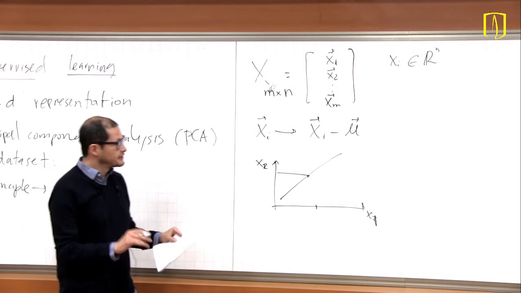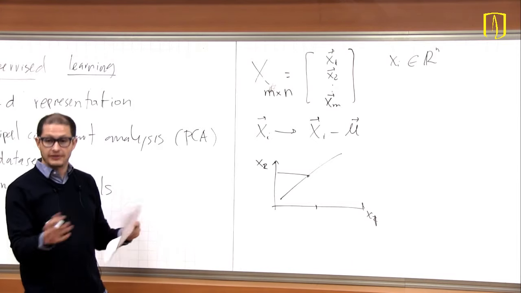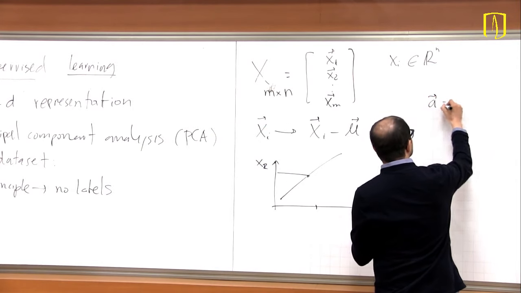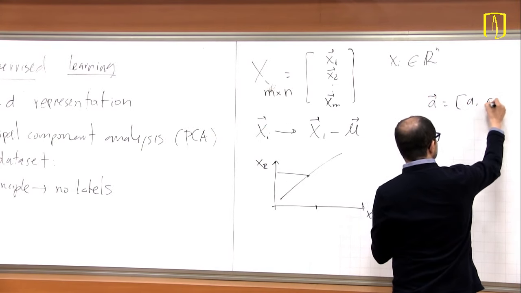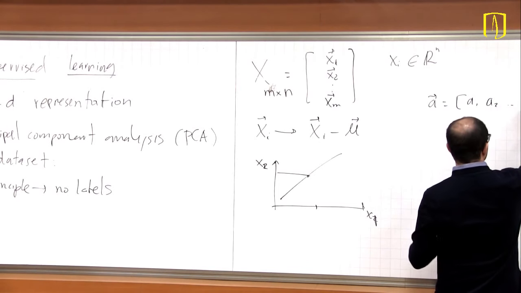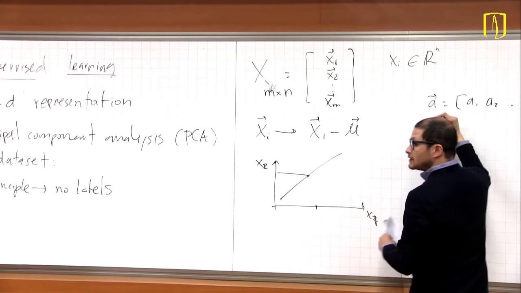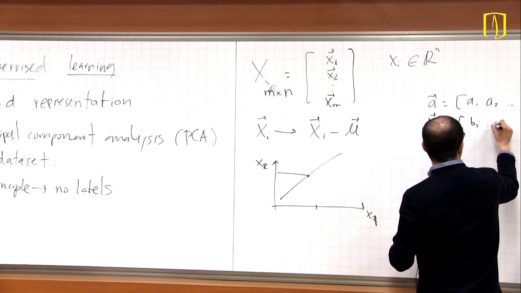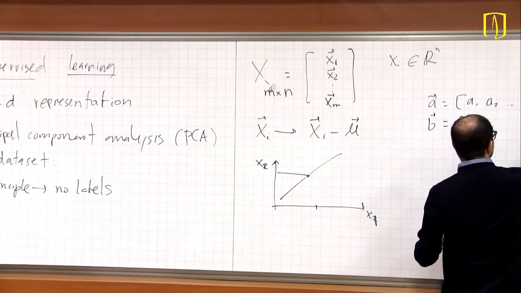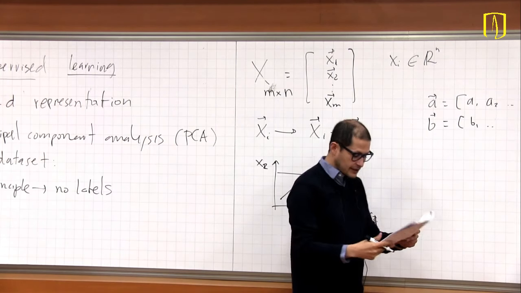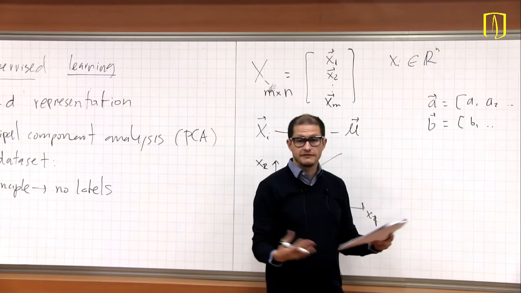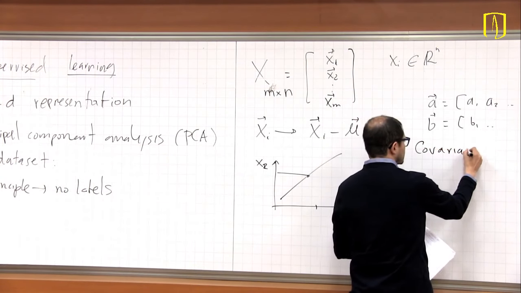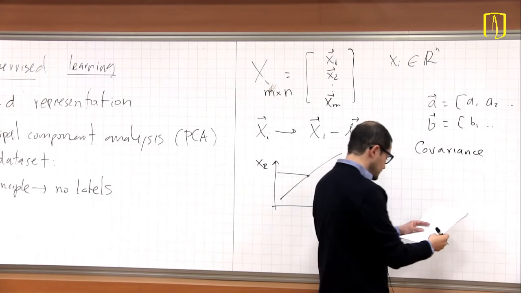And so let me tell you what I mean by correlation. Suppose you have two vectors, a, with components a1, a2 through an, and vector b, b1 through bn. We're going to quantify correlation through the so-called covariance, or the covariance of these variables.